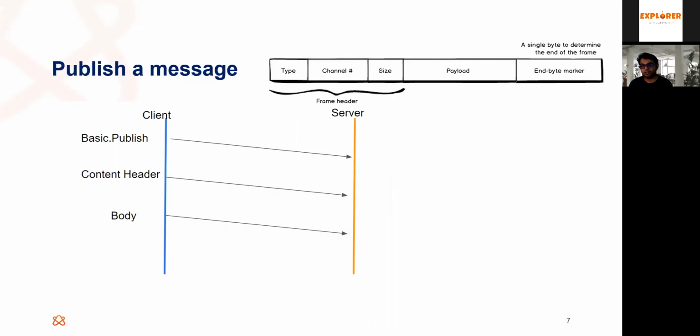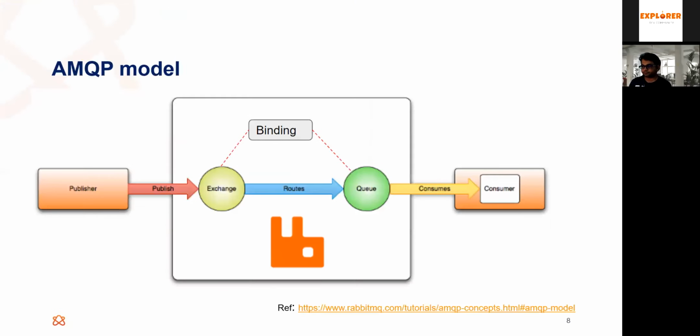But the important thing is that these client libraries are talking Advanced Message Queuing Protocol, or AMQP. So we have to know the AMQP model. Then only can we easily use these client libraries, right? So with that, let's move on to the AMQP model. I got this from the RabbitMQ site itself.